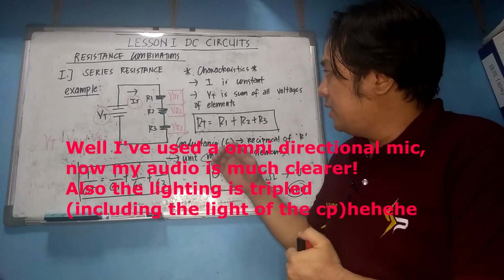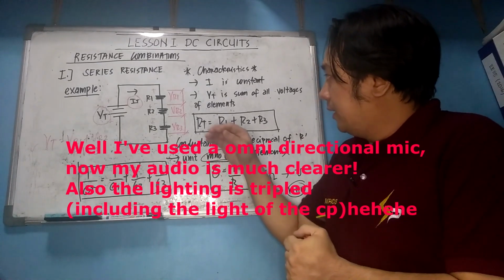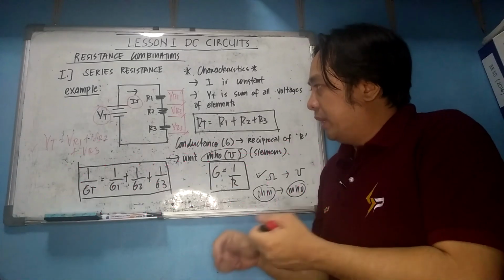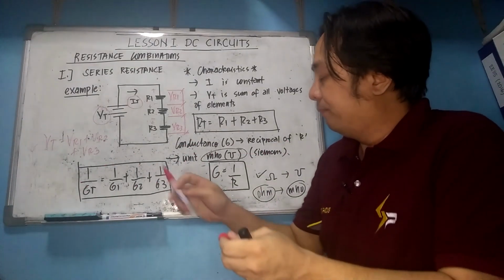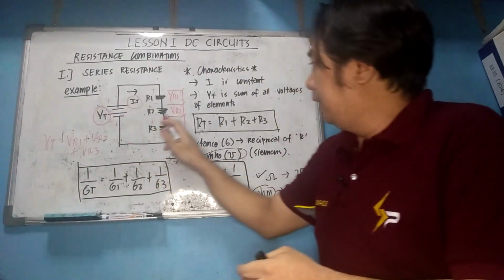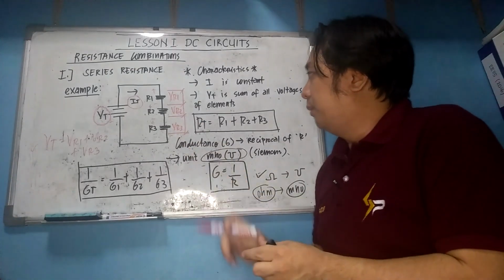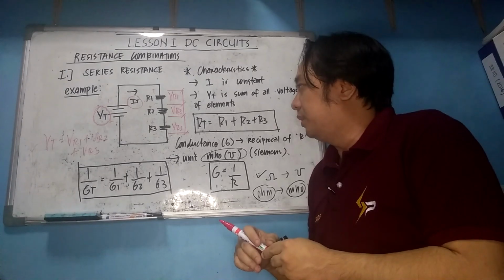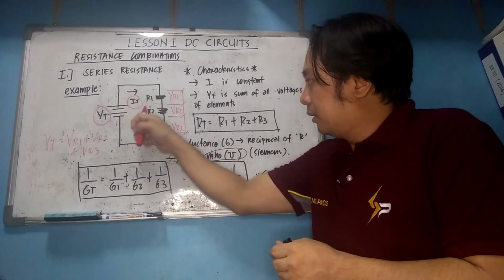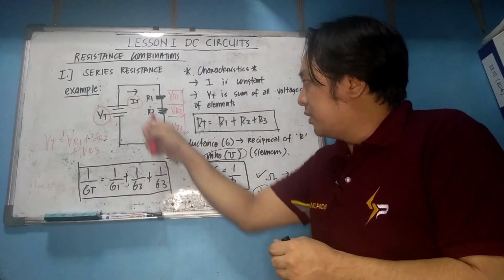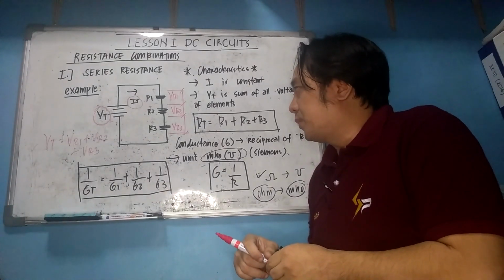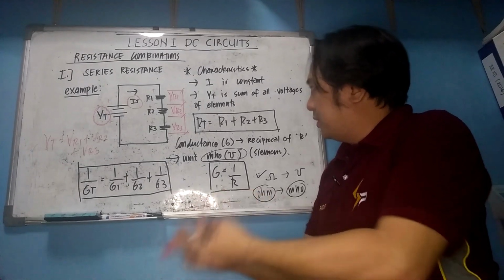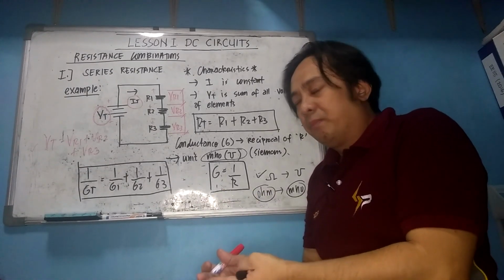Okay, the series resistance is derived from this closed loop here. So we have here the total voltage Vt and the voltages from the elements or individual resistors, which is VR1, VR2, and VR3. And the current, as you can see, is the same through those resistances R1, R2, and R3. Now the question is, what is the characteristic of a series resistance?